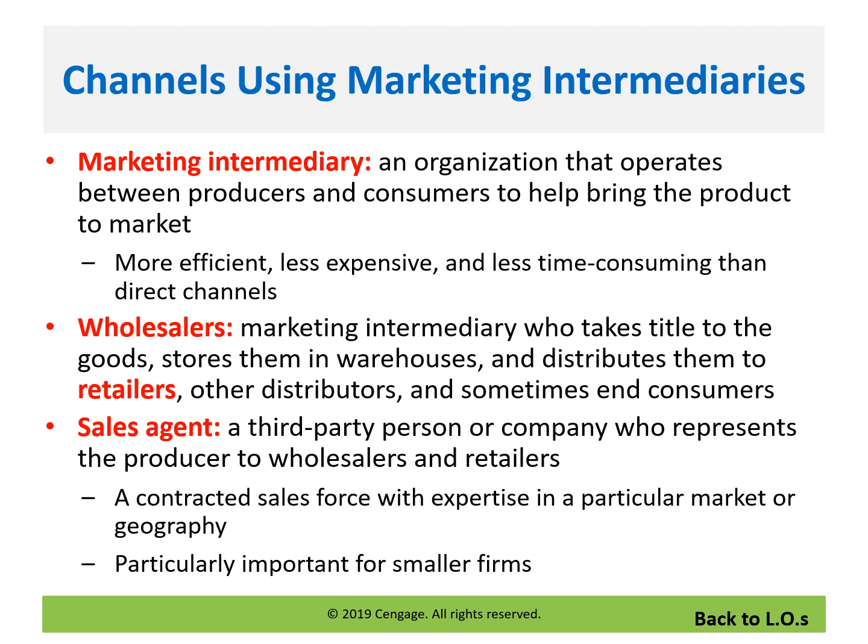The producers of these products may find more efficient, less expensive, and less time-consuming alternatives to direct channels by using marketing intermediaries. A marketing intermediary or middleman is an organization that operates between producers and consumers to help bring the product to market. There are 3 primary types of marketing intermediaries, namely retailers, wholesalers, and agents.